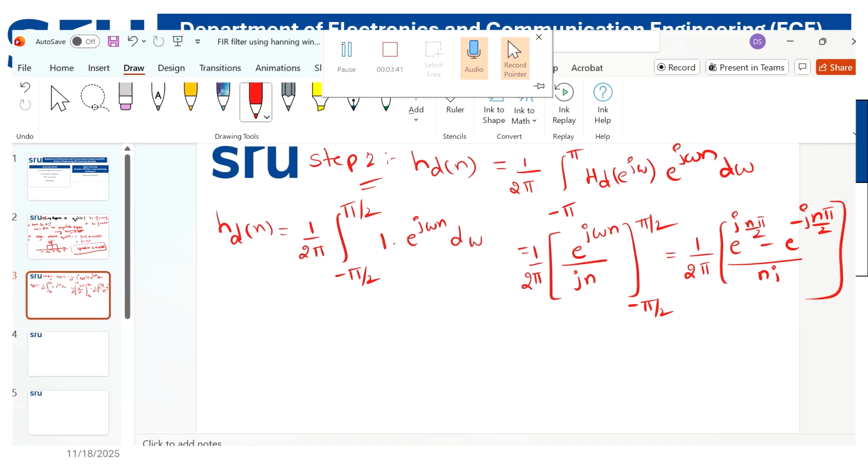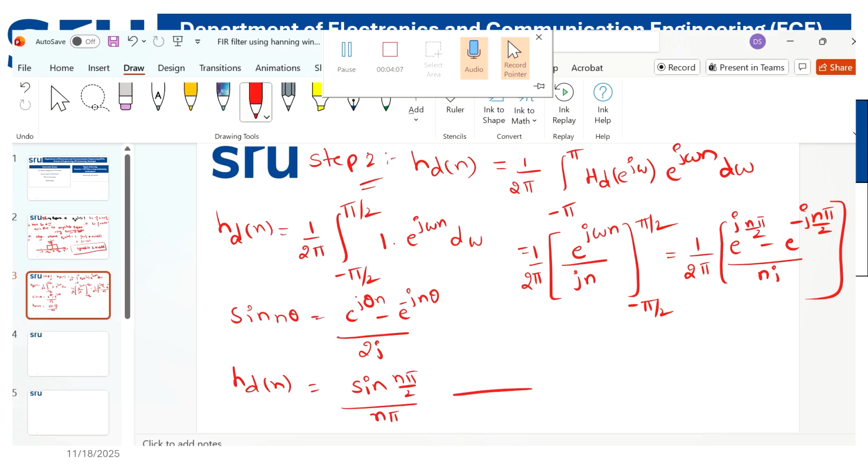So we know the sine n theta formula is e power j n theta minus e power minus j n theta divided by 2j. The same I am writing down here. So hd of n equals sin n pi by 2 divided by n pi. Give it as equation number 1.